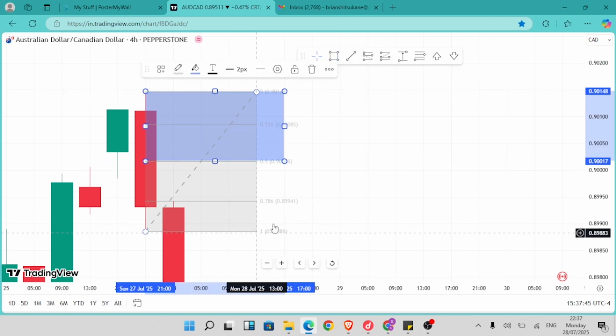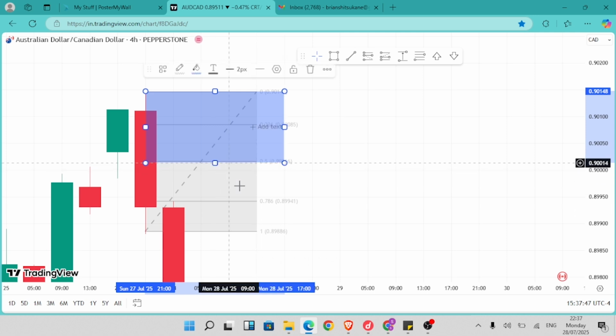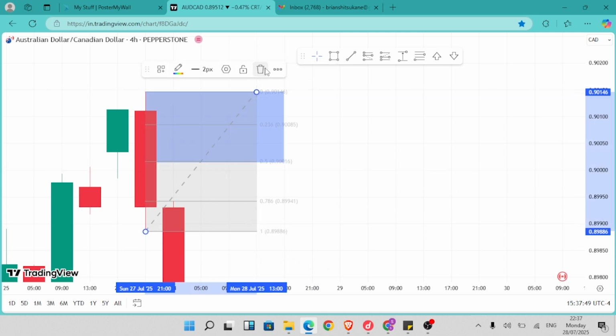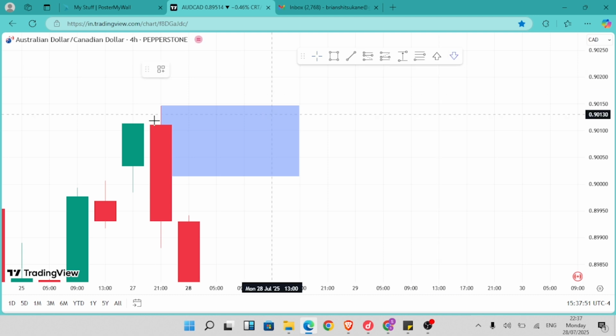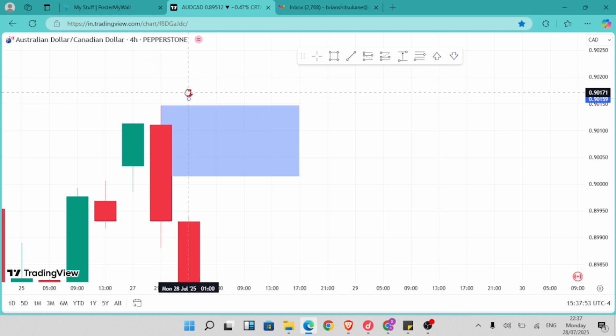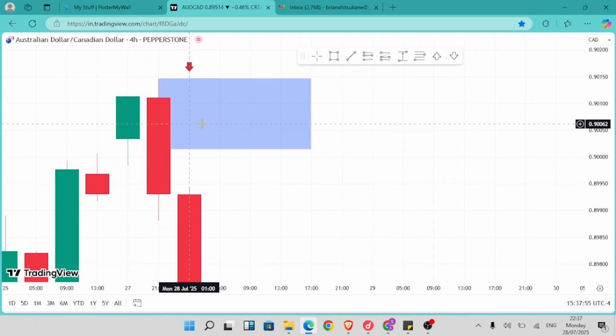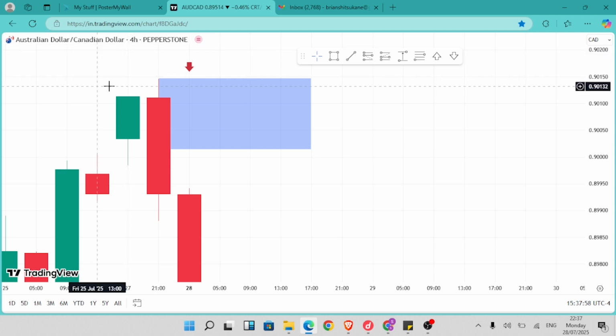But see what happened, price never retraced back into this premium. So we were supposed to look for setups right on this candle, and going to the 15-minute time frame, we see what happened.